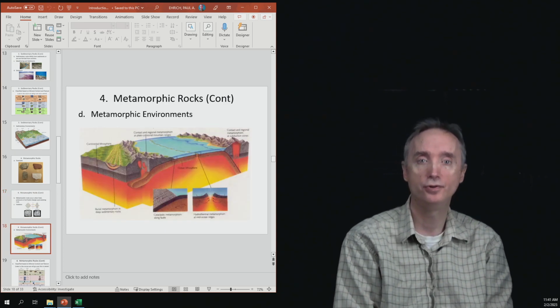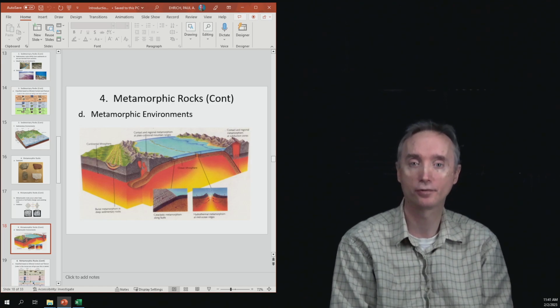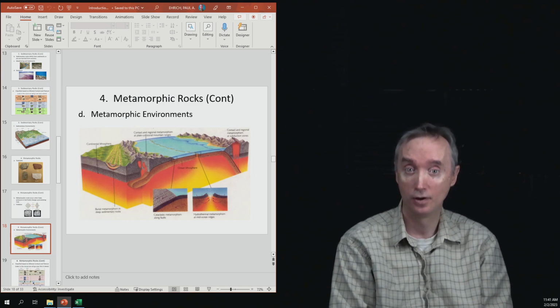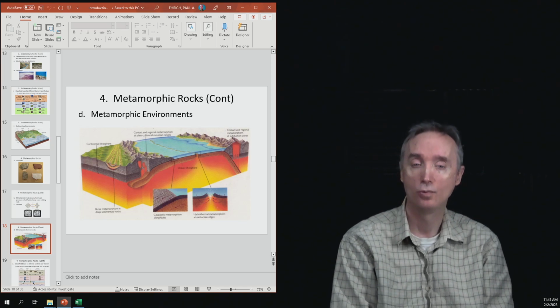So where do you find metamorphic rocks? Our definition was it would have to be a place where you have extreme heat or extreme pressure or where you have hot water. So where would that be?